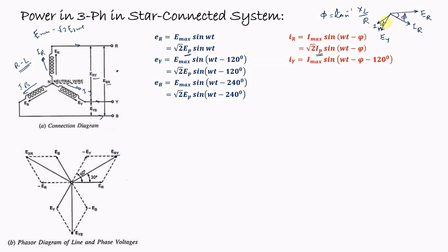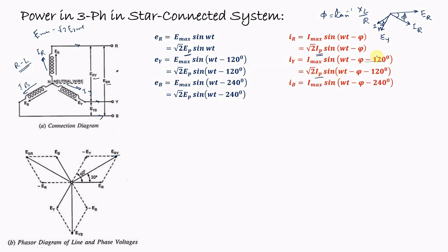So it is phi, this will also be phi, and so on. Therefore, the IY current can be written as sin omega t minus phi minus 120 degrees, because from the reference line, the position of the Y phase current is 120 degrees plus phi. And similarly here it is the RMS value of the Y phase current, that is I phase.